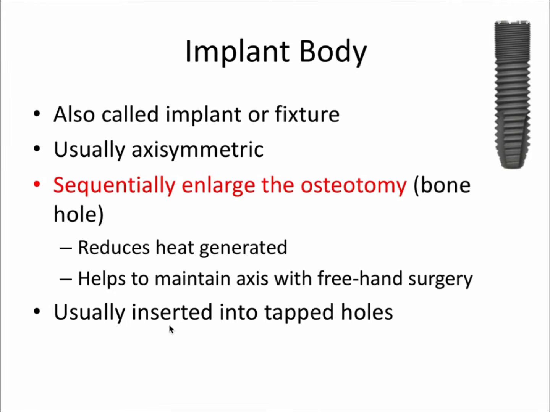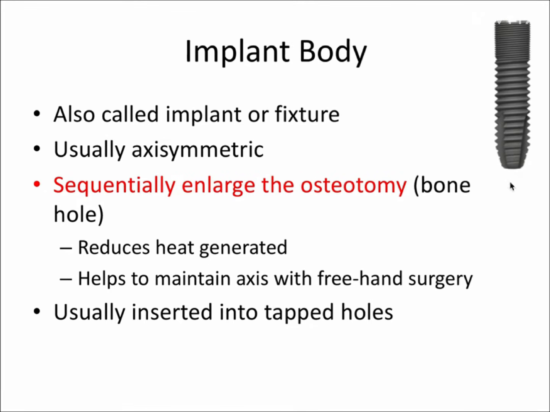The implant body is usually inserted into tapped holes, and a tapped hole in carpentry, or any trade for that matter, is a hole drilled prior to a screw being inserted. It's similar to a pilot hole, except that it has the threads cut into the inside surface of the hole.